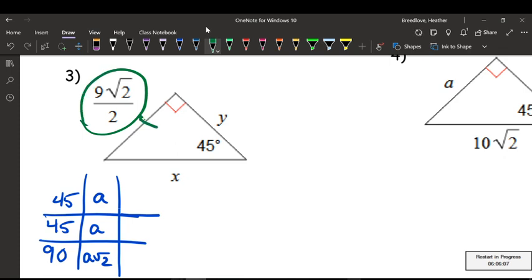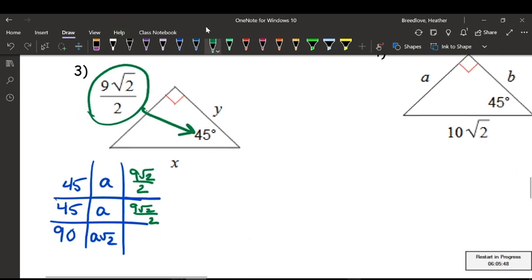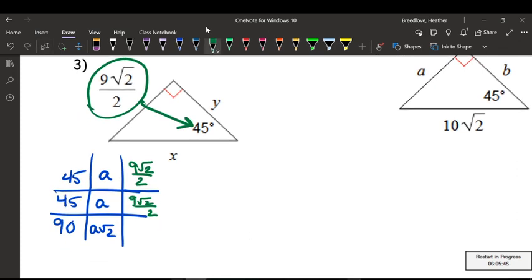And that is across from 45 degrees. So that is A, right? So 9 square root 2 over 2, and 9 square root 2 over 2. And then on the last part, for the 90 degrees, A is still 9 square root 2 over 2. So I'm still writing that for A. 9 times the square root 2 over 2. And then it's times the square root of 2, right? Because that's part of the formula.